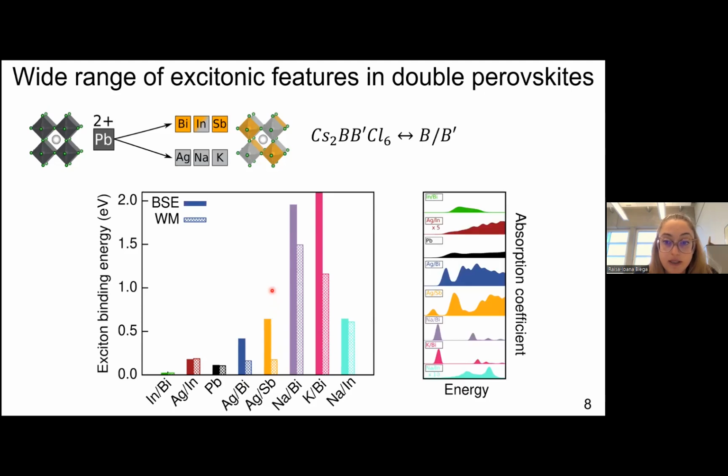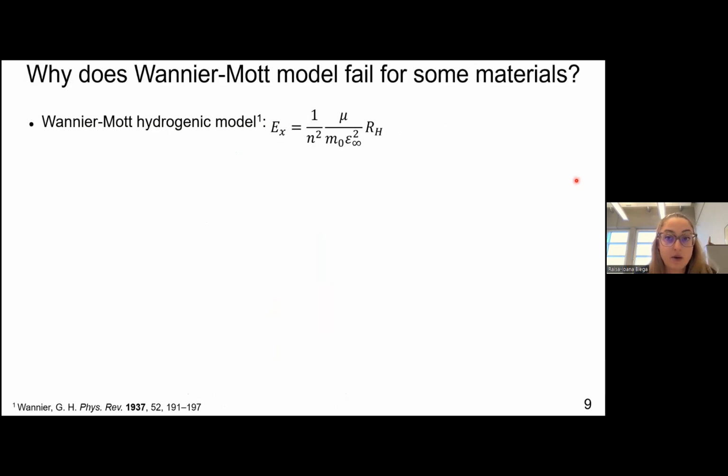And also the absorption spectra of those materials are very different. So the question is, why does Wannier-Mott perform well for some of them and fail completely for some other materials? Because they have the same packing with alternating octahedra. So what's so different in those materials?